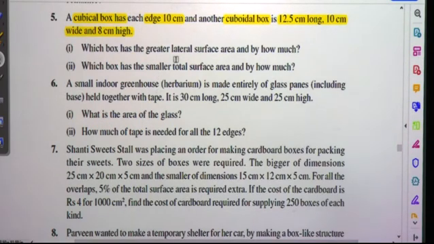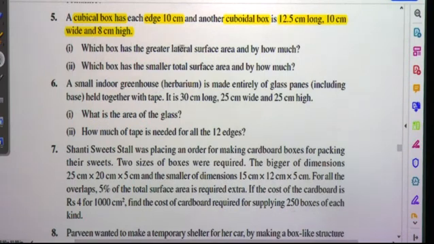Means one box is of cube shape, with side 10 centimeter, and another a cuboidal box with the dimensions as mentioned, 12.5, 10 and 8 centimeter length, breadth and height.